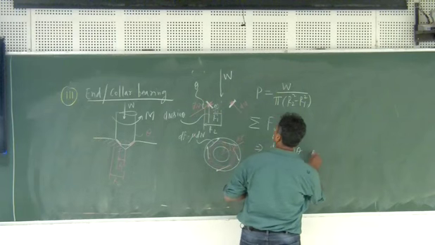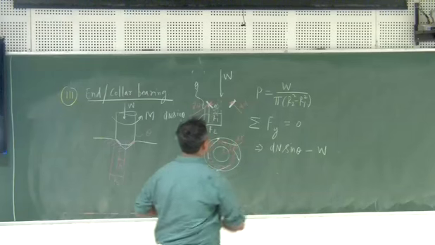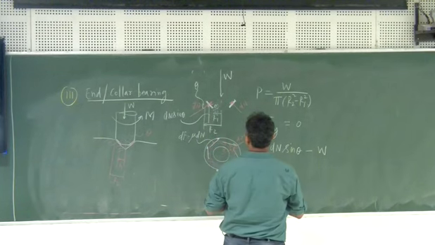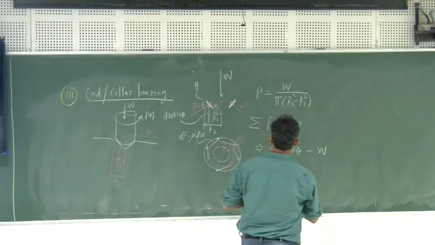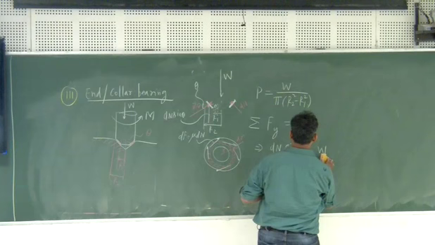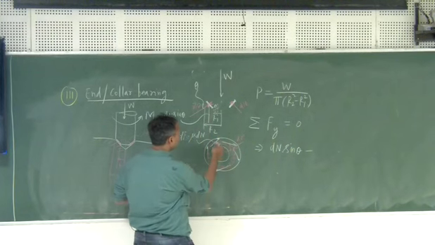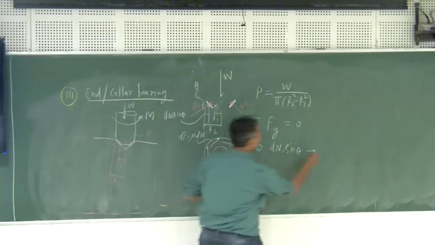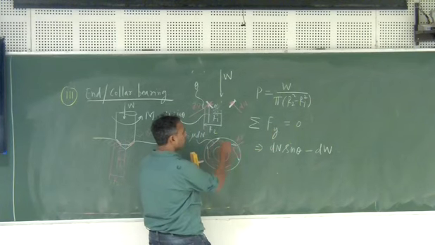minus dW. So what is the weight which is distributed? This will be dW, dW associated with the weight which is distributed over the ring.